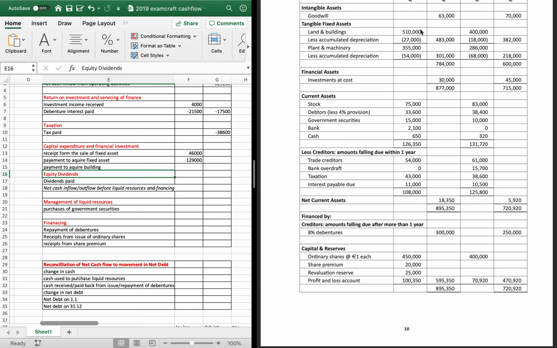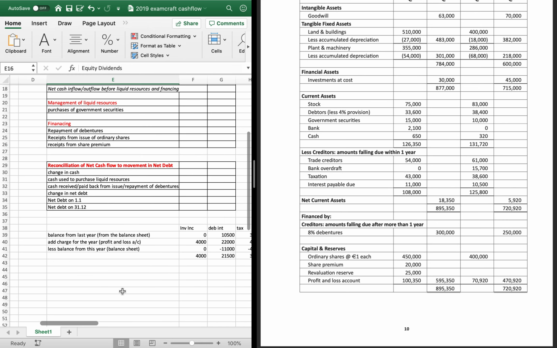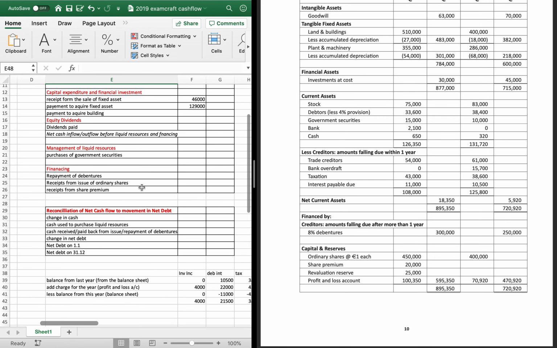So we can take the 510 and we'll take away the 25,000. And that gives you 485. So now land and buildings of 400 up to 485 means that the extension must have cost us 85,000.